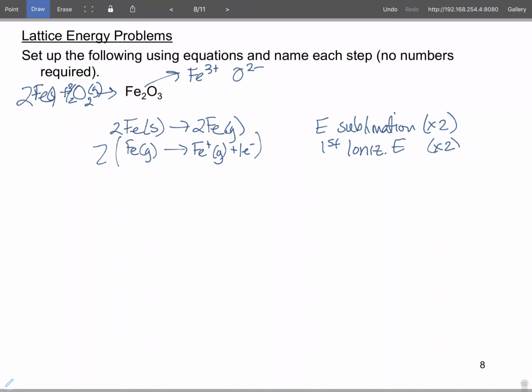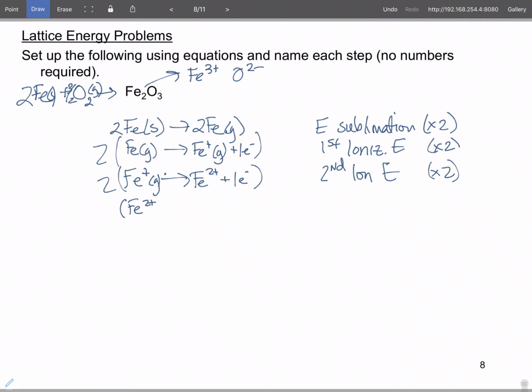Okay, the second step would be to take the 1 plus and produce the 2 plus, plus 1 electron again. You'd multiply by 2. This is the second ionization energy. And if we were just worrying about the steps, we wouldn't worry about the multiplication unless we were doing the numbers. Okay, so then we would have the third one.